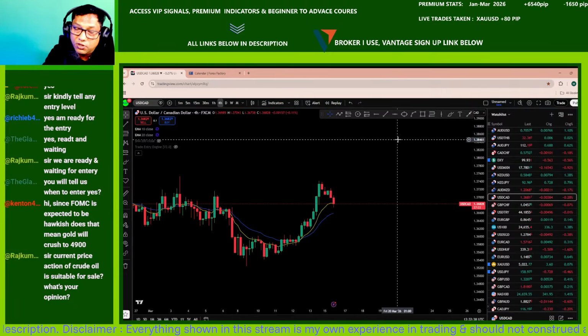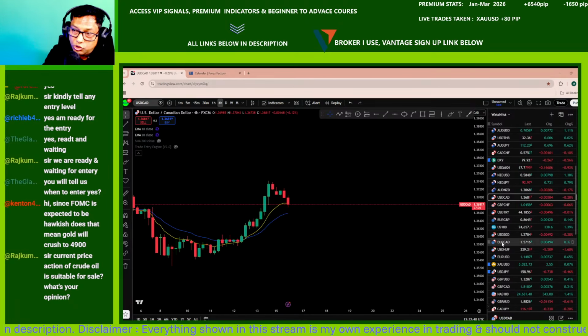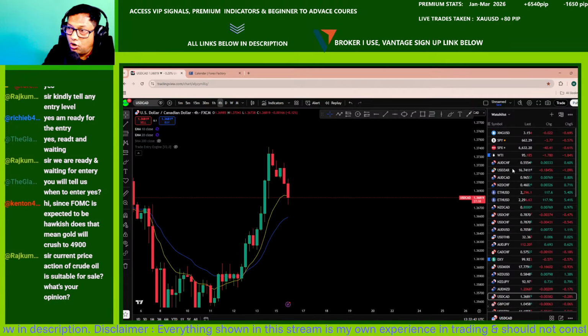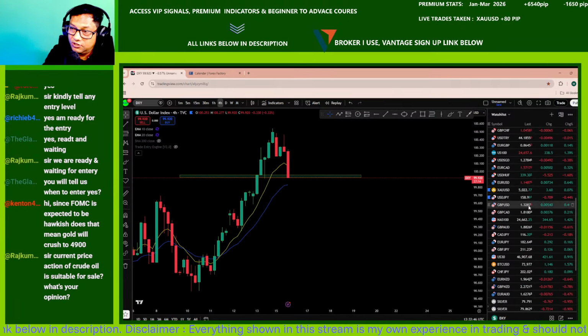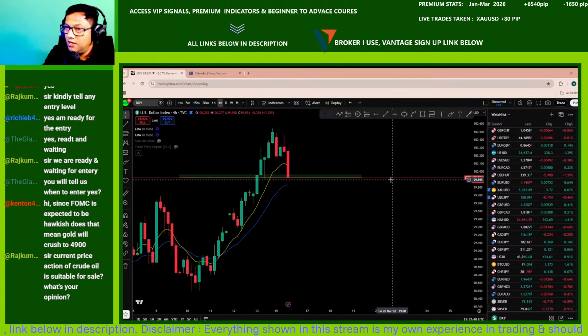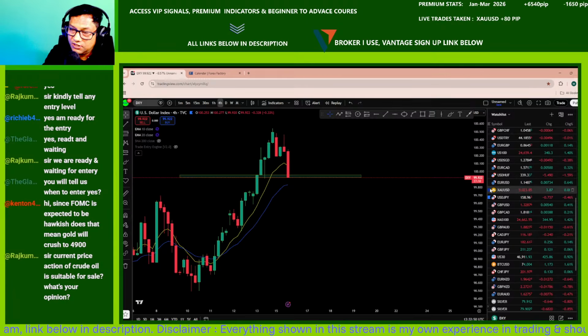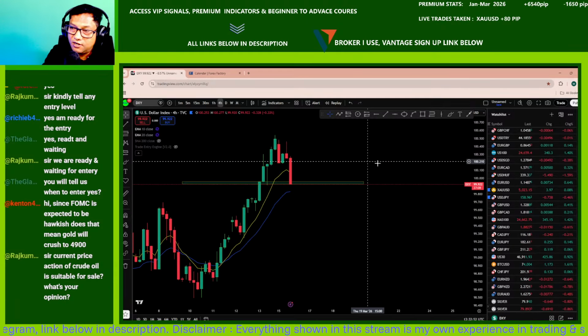If you look at the 4 hour, the dollar usually shows strength in this area, but in the previous 2 sessions the dollar index has been pulling back, and I think dollar CAD is also coming down for a pullback. It's not a very significant price for a trade alert at the moment.